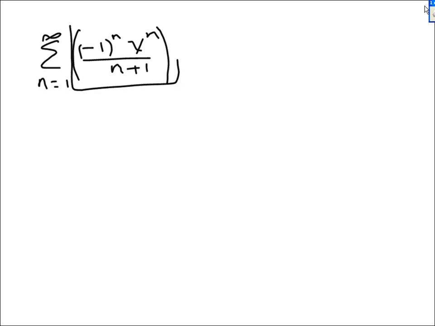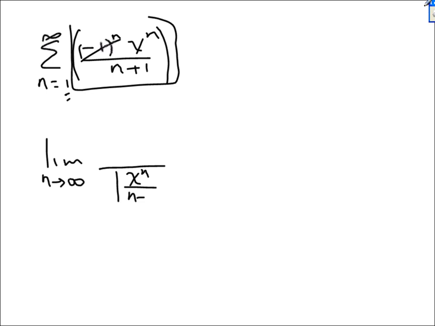What does this equal when n is 1? I don't know, because I don't know what x is. But I do know that the ratio test is going to tell me where it converges. Take the limit as n goes to infinity of the absolute value of a sub n plus 1 on top, and a sub n in the bottom. You get x^n over n plus 1, the absolute value of that.